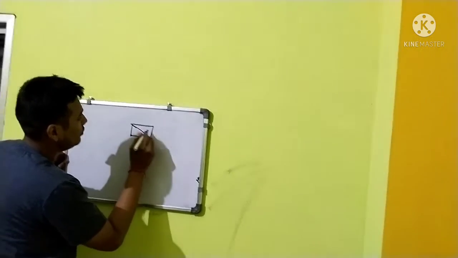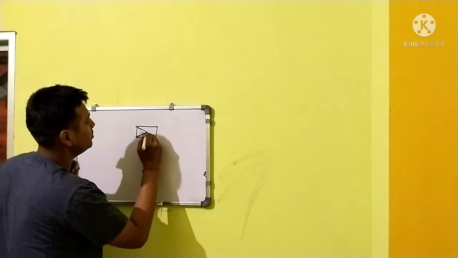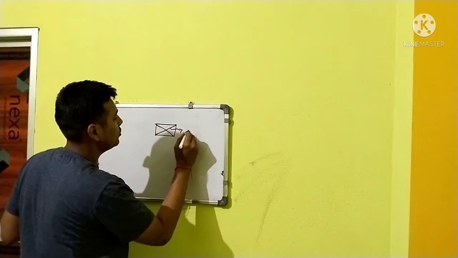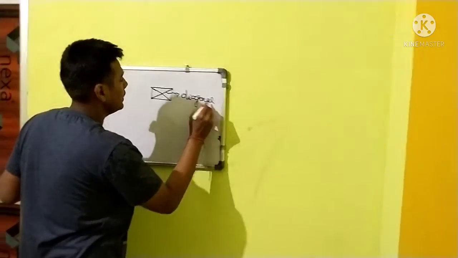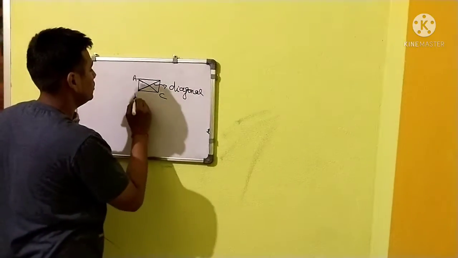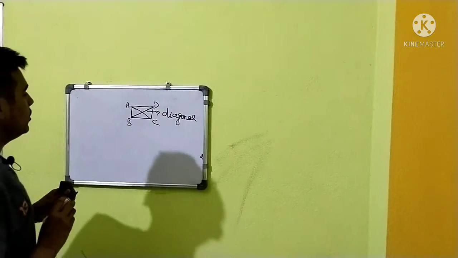The line which I join from opposite vertices is called a diagonal. That means AC and BD are your diagonals. You understood what a diagonal is?